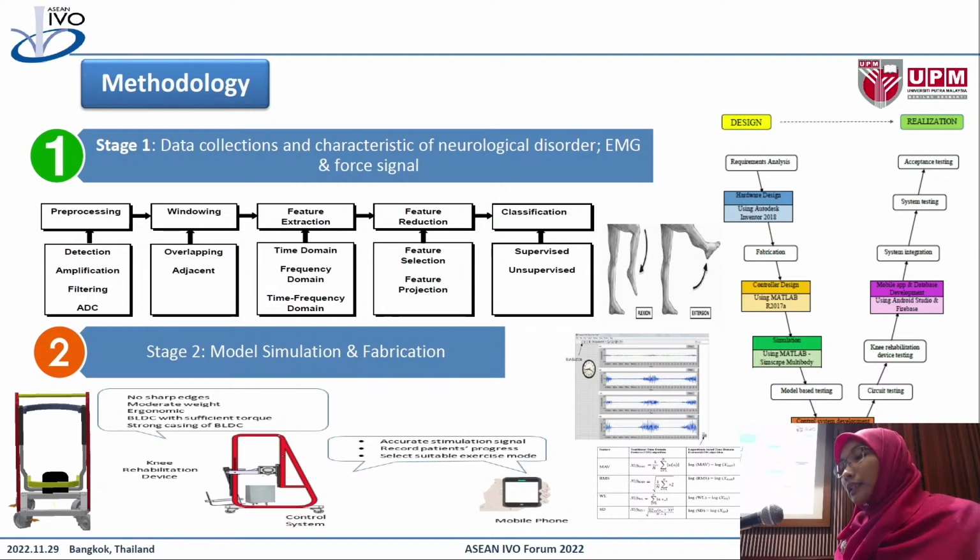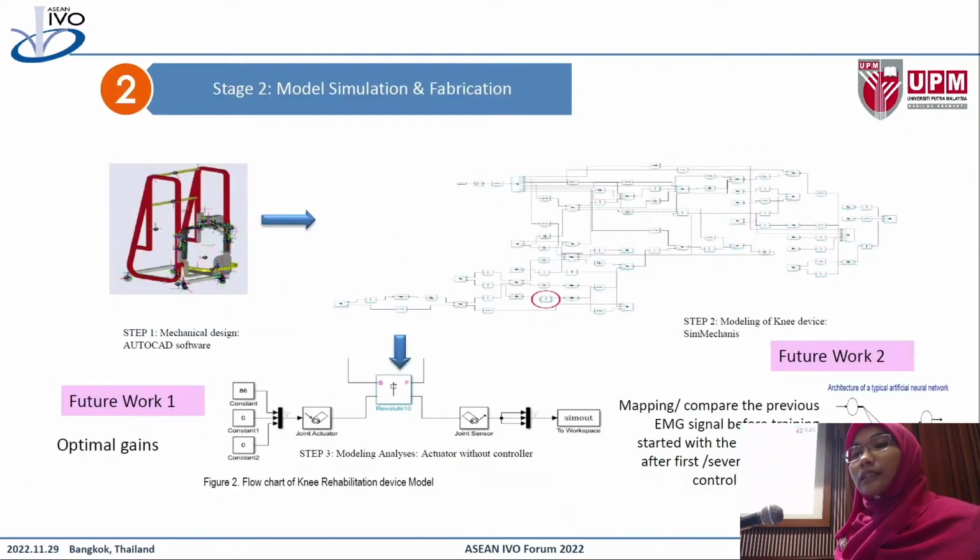In stage 2, after we design the mechanical structures of the knee rehabilitation, we need to do the simulations in order to test all the joints and to test the motors, and also to make sure the motor runs properly based on our target speed and target angle. So we need to have a good control there.